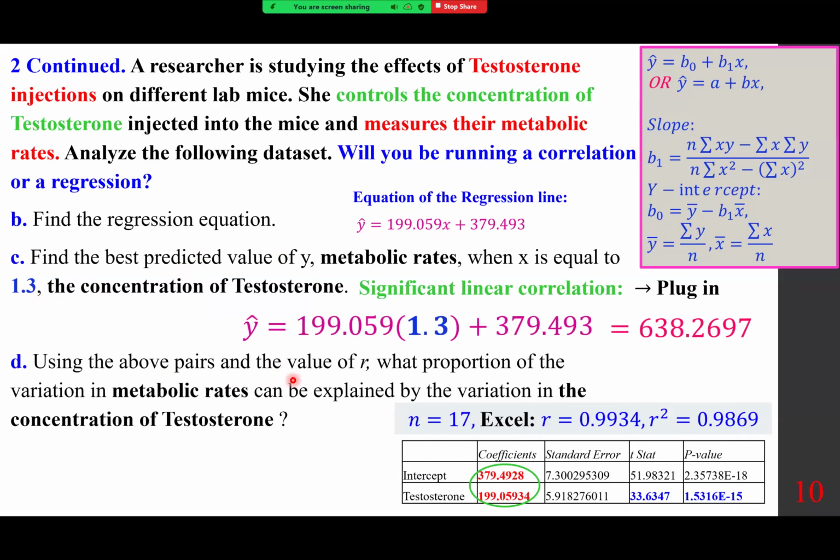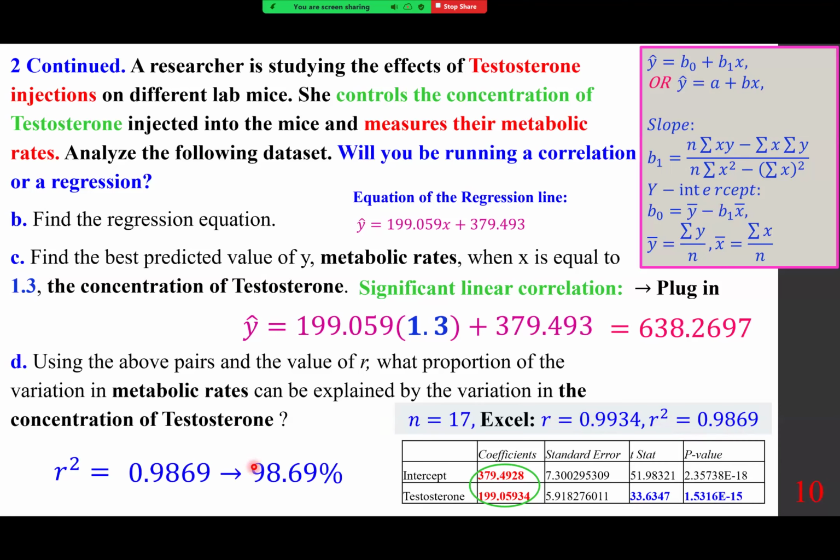Using the above pairs and the value of R, what proportion of the variation in metabolic rates can be explained by the variation in the concentration of testosterone? In general, the answer is the value of R squared, which, if we don't have it, this is the R squared, but it's given: 0.9869 or 98.69%.